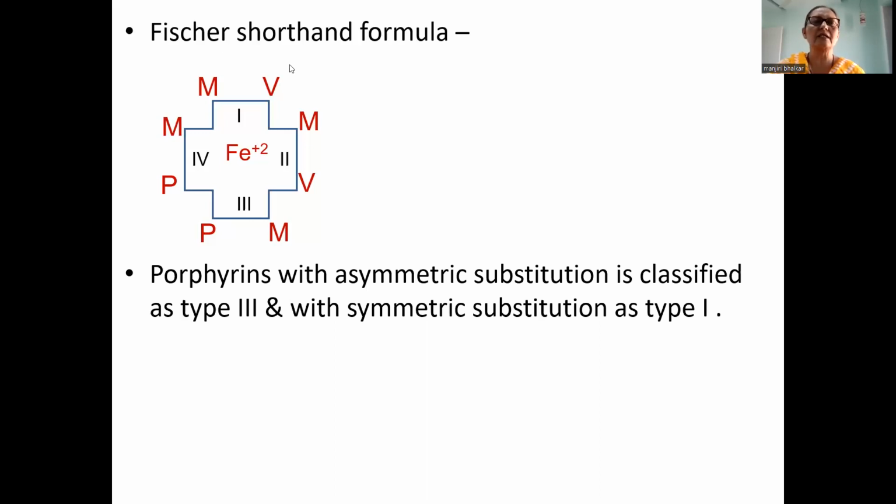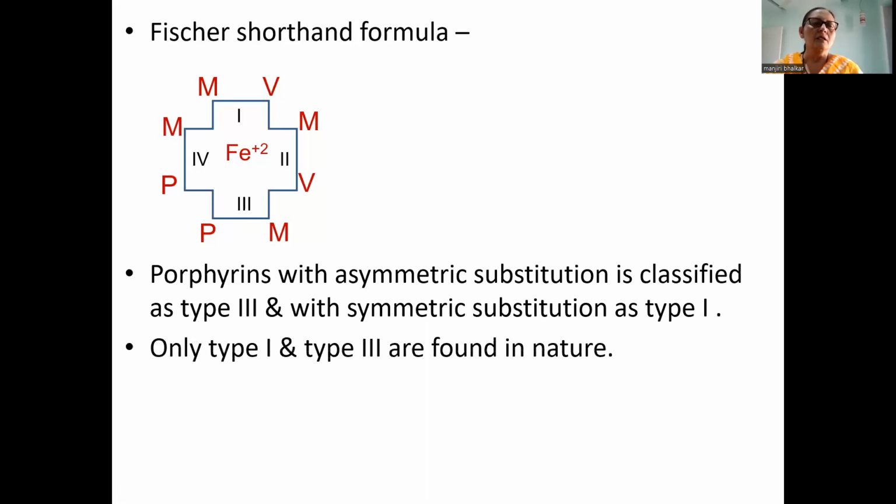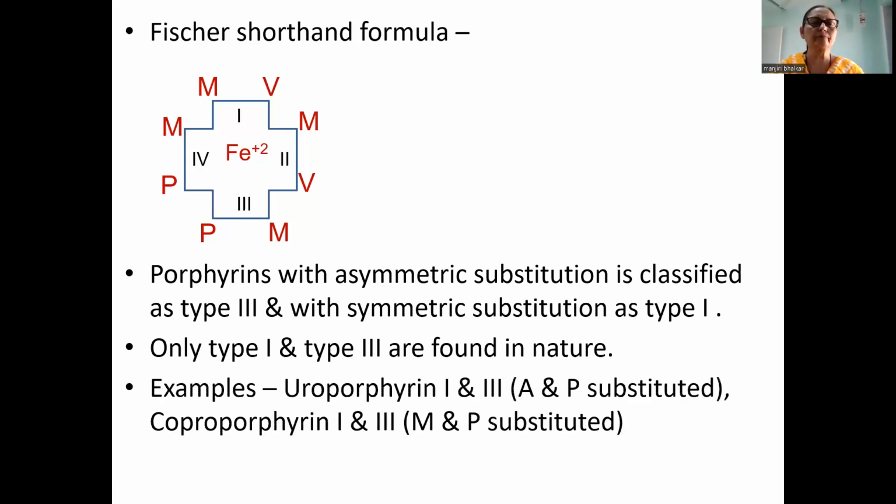That means these various substitutions are in a symmetrical fashion. So in nature, we get either type 1, that is symmetric substitution, or type 3, that is asymmetric substitution of the porphyrins. Four pyrrole groups together are called a porphyrin ring structure.